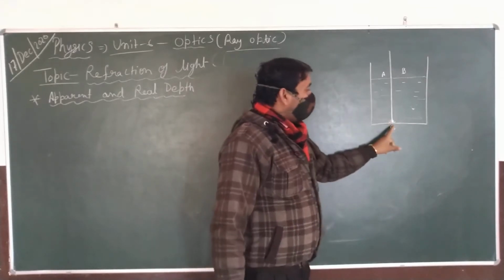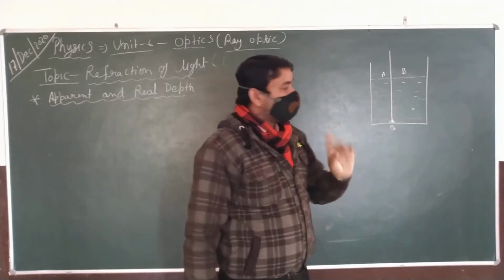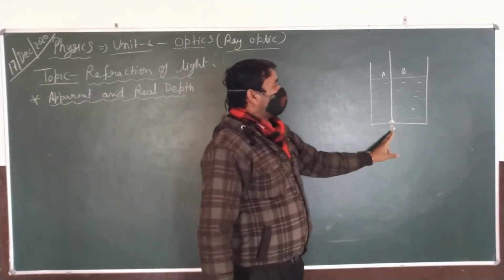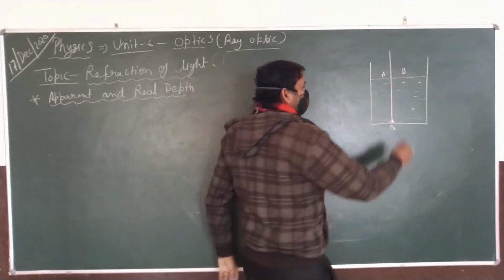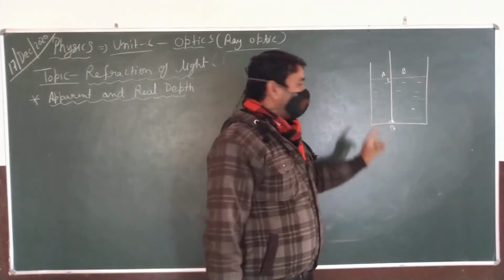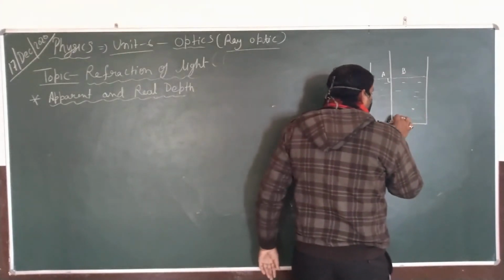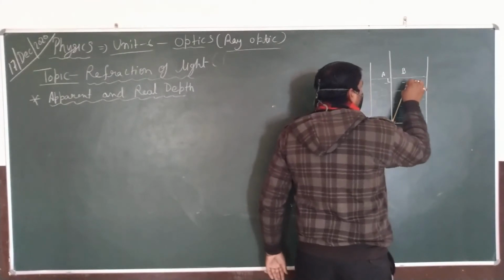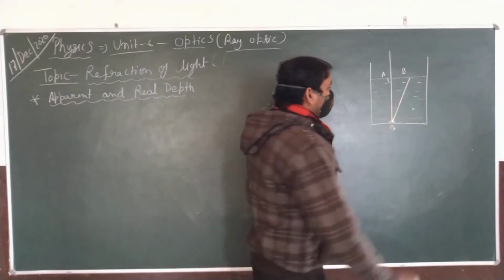Then to form the image of the object we need two rays, in which one is moving straight, perpendicular to the interface surface, and the other is an inclined ray which is moving in the direction of O to B, because this is the denser medium.